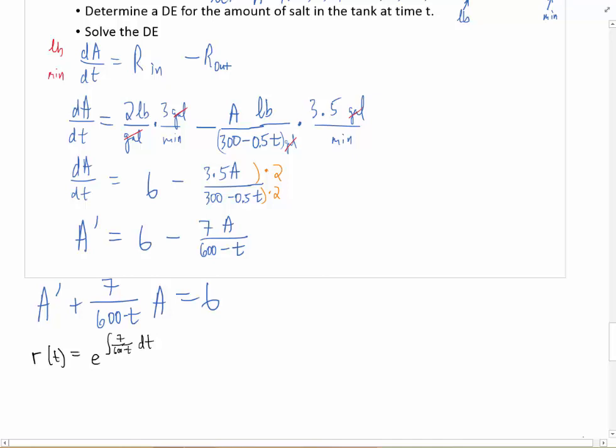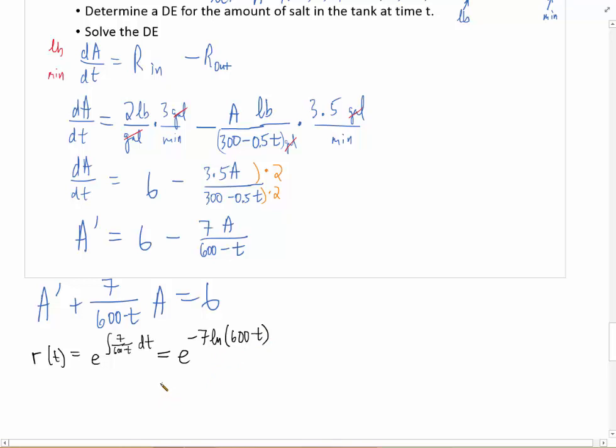All right, so let's see. Integral of 1 over 600 minus t. That's going to give me a natural log. I'm going to have a negative in there somewhere, right? Since it's 600 minus t and not t minus 600. So this is then e to the negative 7 natural log of, let's not worry about the absolute value here, let's assume t is positive, all that sort of thing, 600 minus t.